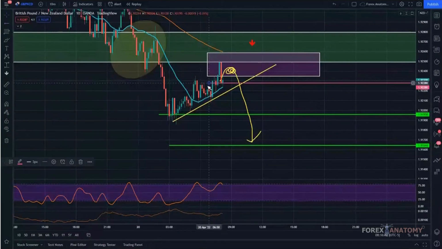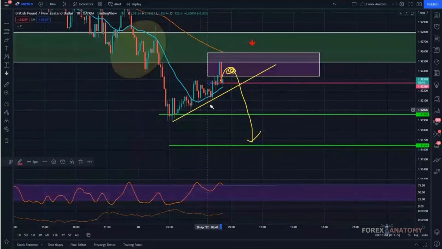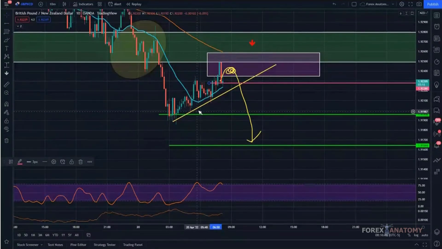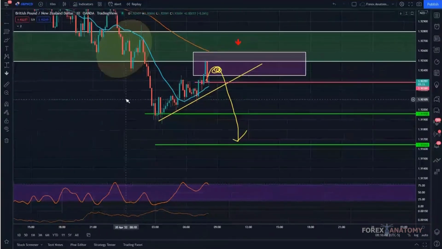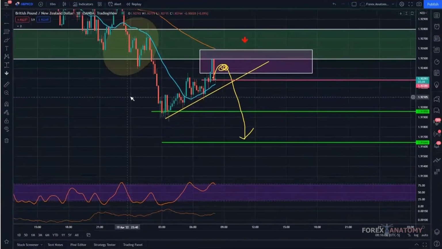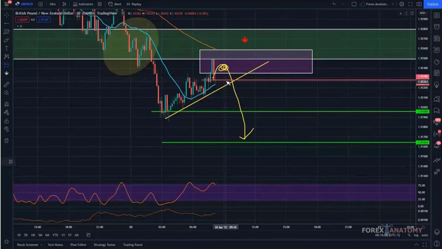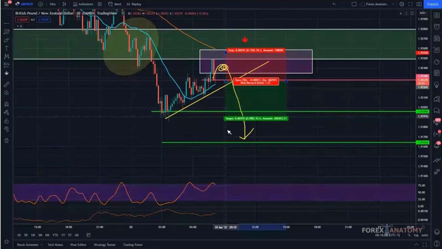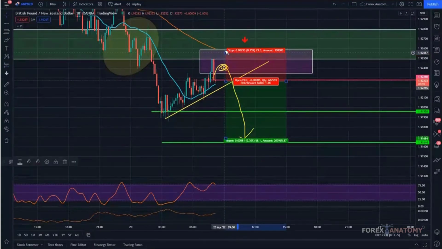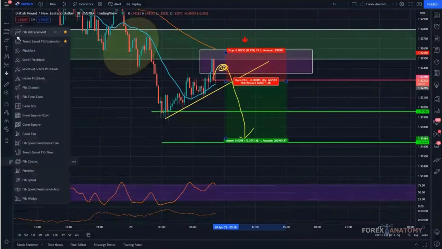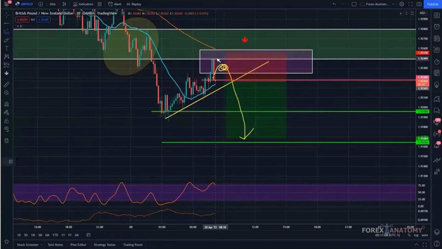We do have this area right here. You know what? I'm going to go in with a small, tiny position. I wish I was here earlier, because I had to do all of this analysis now.